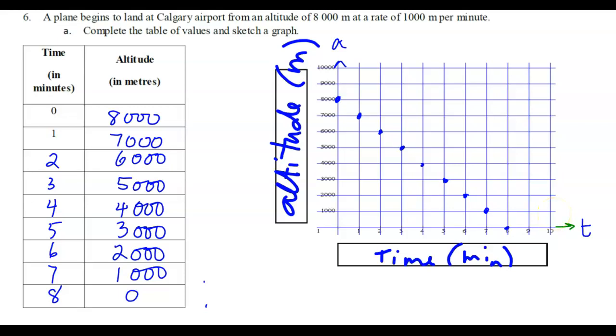And so if you think about it, we can join these up with a line because a plane doesn't jump between each minute. It's not magic, right? So it's a continuous descent. So let me just fix that a little bit.